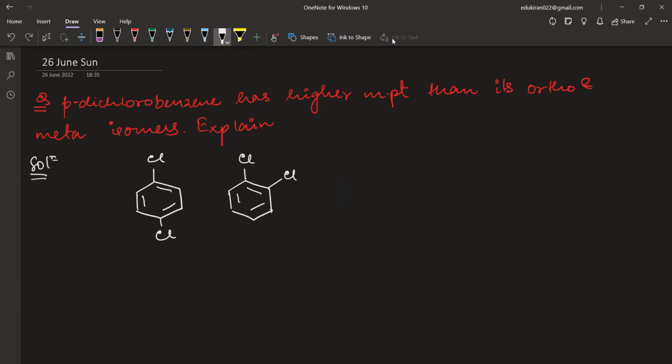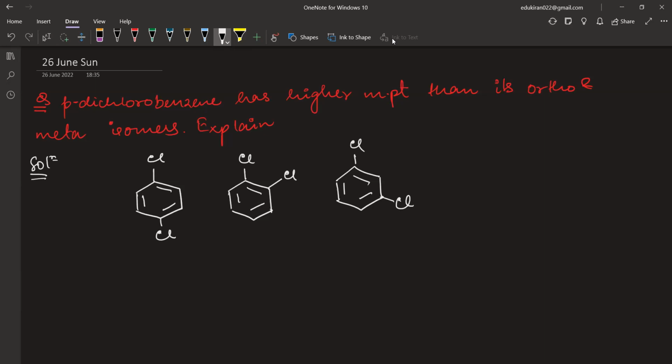And then meta will have chlorine here and a chlorine here, right? So when we look at the structures of para, ortho, and meta isomers of dichlorobenzene, what do we see? We see that the para isomer is symmetric. Yes or no? Can you see that?